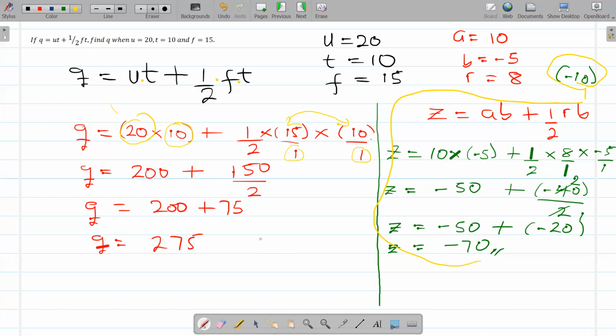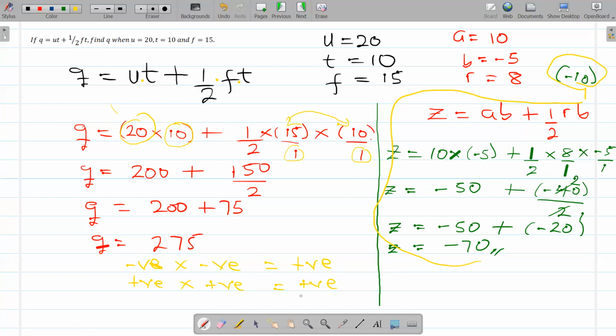Yeah, it's getting better when you left the example. So don't forget a negative times a negative. Negative times a negative, you get positive. Positive times positive, you still get positive.